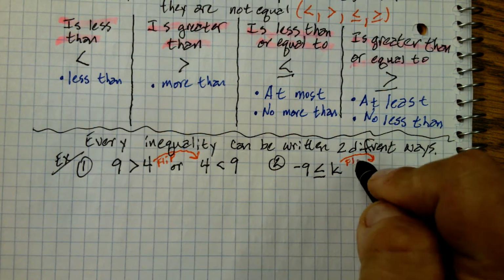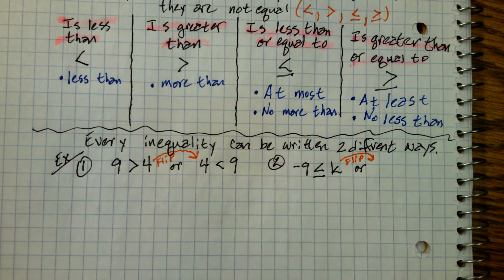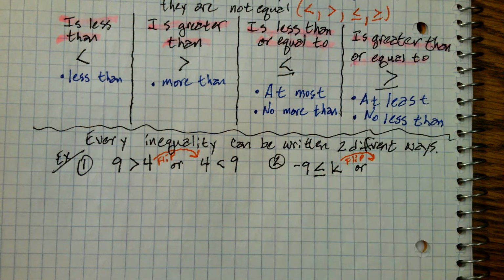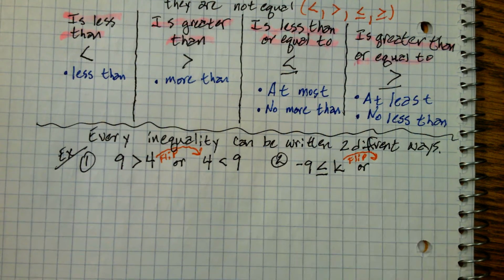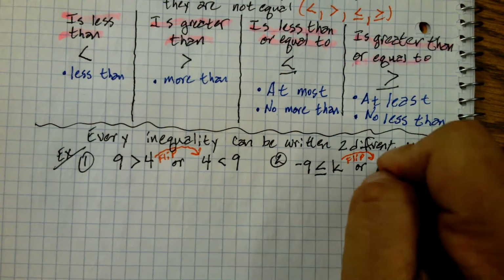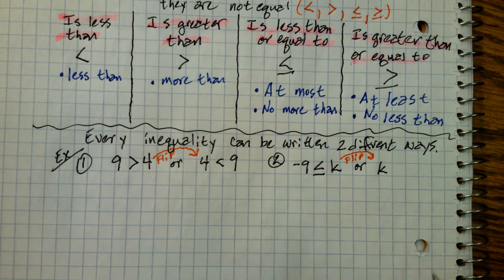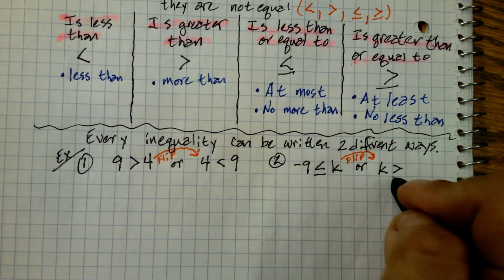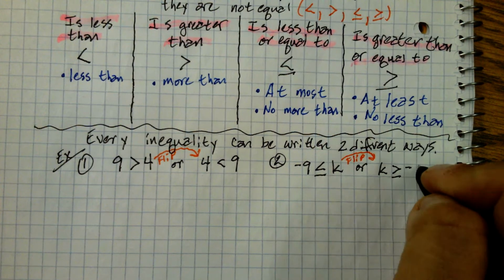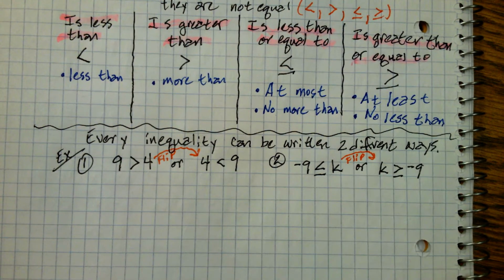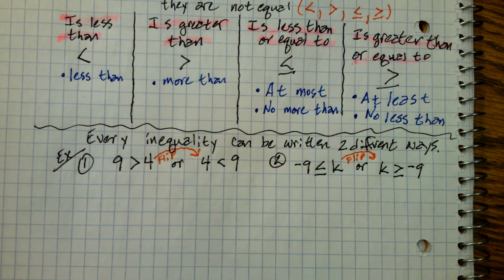Turn it over like a pancake. So what's it going to start with, -9 or k, if I flip it? It's going to start with k. The inequality is no longer going to be less than or equal to. It's going to be greater than or equal to, and then -9. All we did is turn it over, look at it a different way.